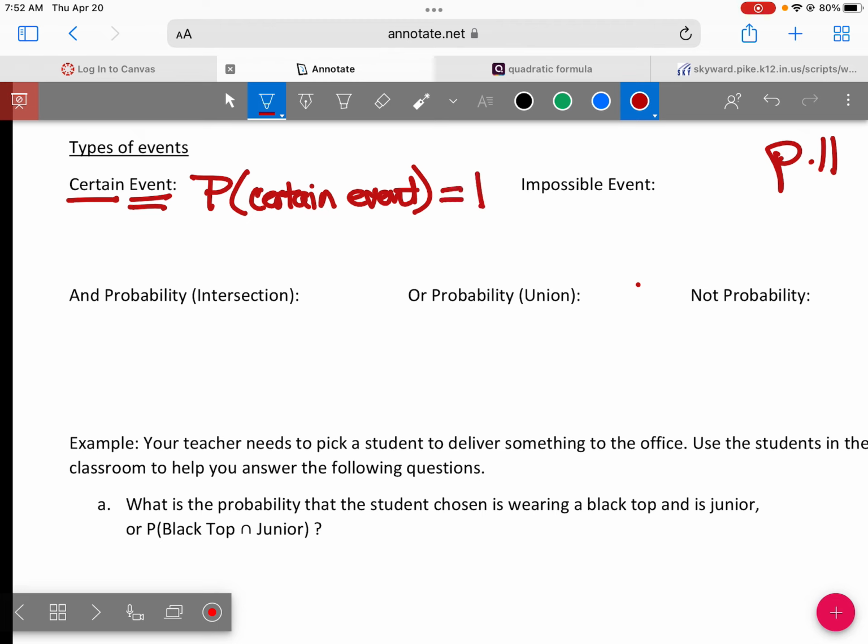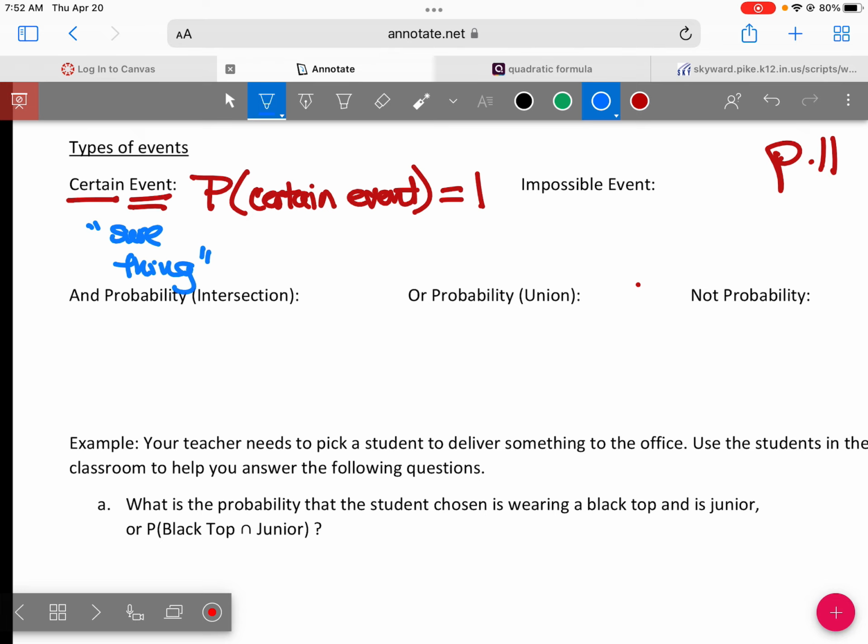If it's going to happen, it's going to be 1. It's certain to happen, so that means we're talking about something that is a sure thing. LeBron James in his commercial talked about the fact that he was going to drive a Kia was a certain thing. So that probability is 1.